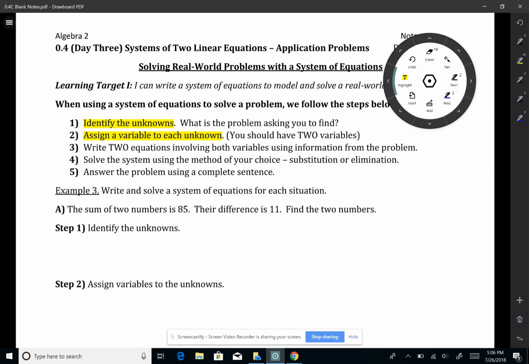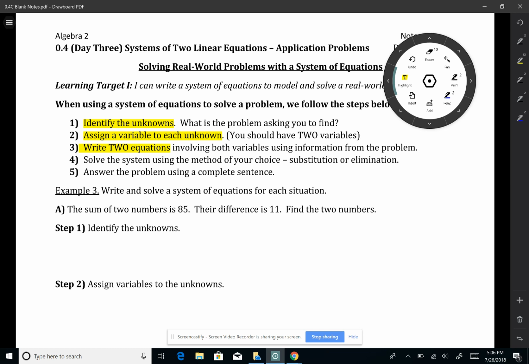number of dogs. After we've done that, we will write 2 equations involving both variables using the information from the problem. Now, this is important because we have 2 variables, we're going to have 2 equations, and in each problem you should be given 2 different sets of information to help you write an equation.